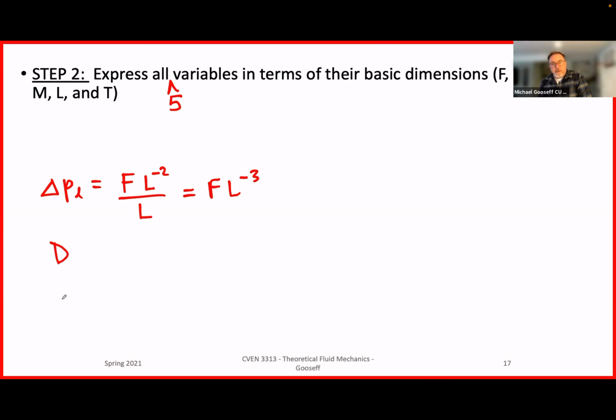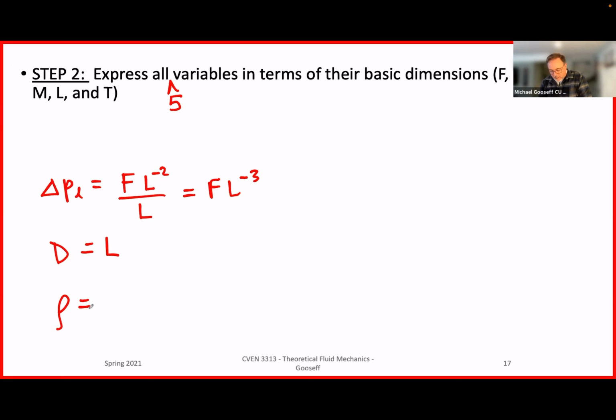D, the diameter of the pipe, is in dimensions of length. Rho is the density. If we go back to table 1.1, I called out density there because it's a little funny in force units, and I've committed to FLT instead of MLT, but you could do the same with MLT.